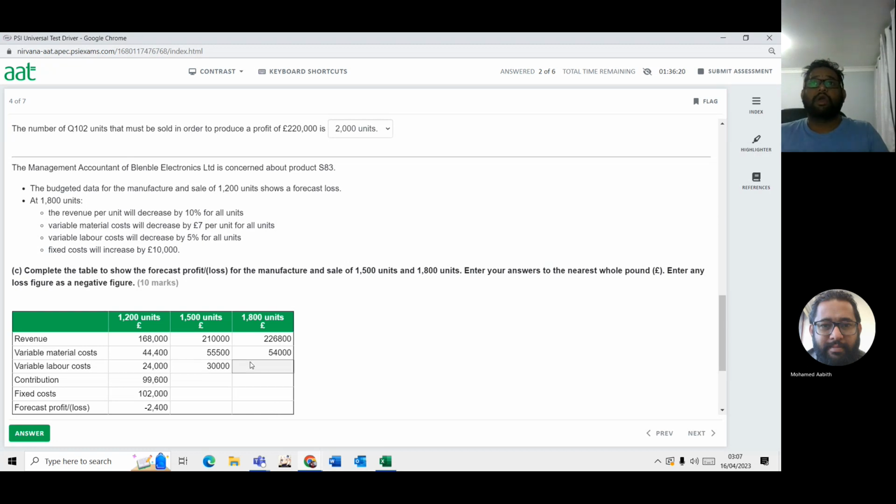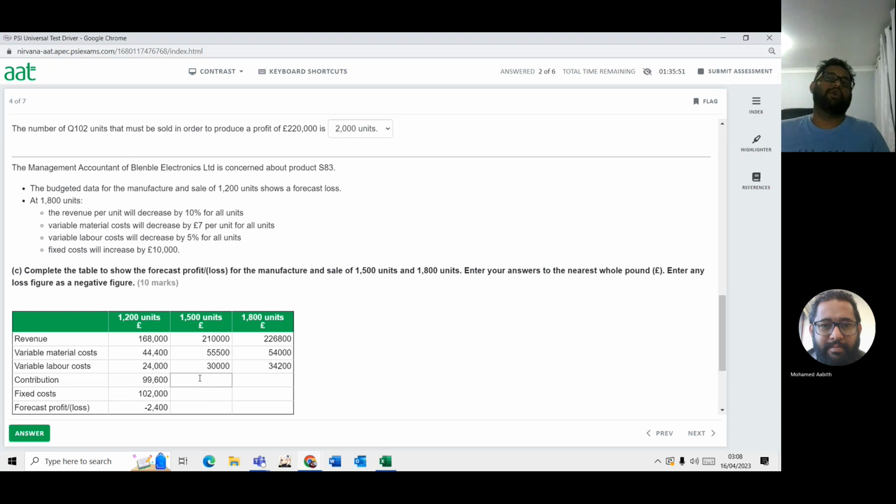But here, the labor cost is decreased by 5% for all the units. So we already found out it's 20 pounds per unit, and if it's reduced by 5%, we multiply by 95%, which gives you 19 pounds per unit at 1,800 units. So you multiply that by 1,800, and it gives you 34,200 pounds now.